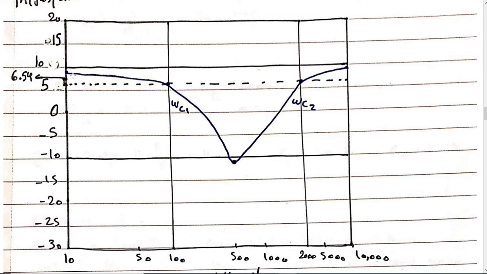Omar got 3. How much did you get? If this is not natural log, this is log, so the base is 10.